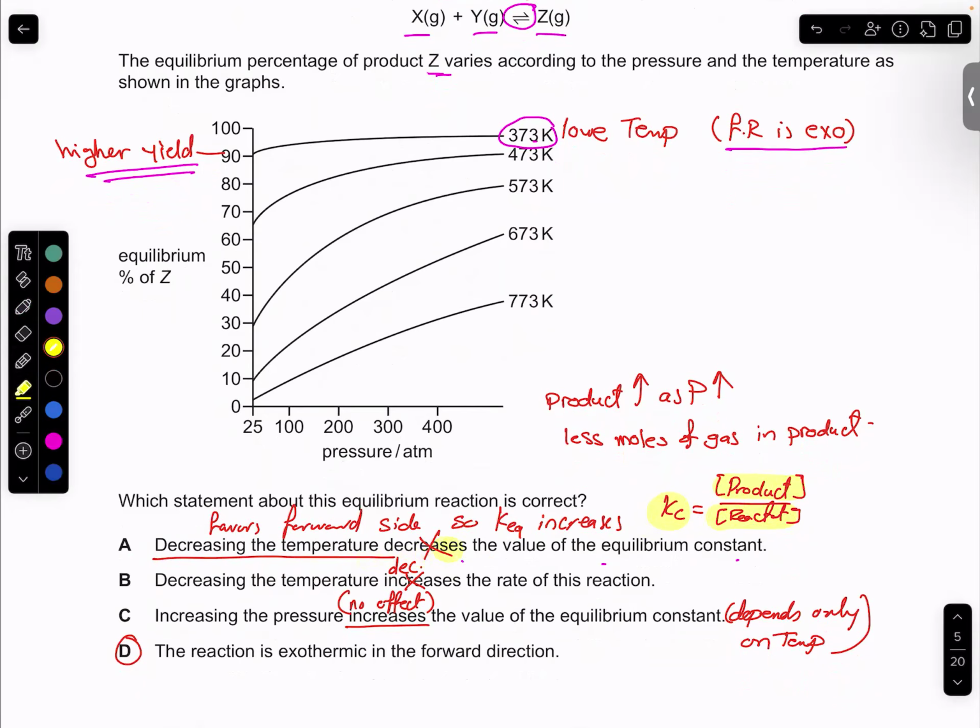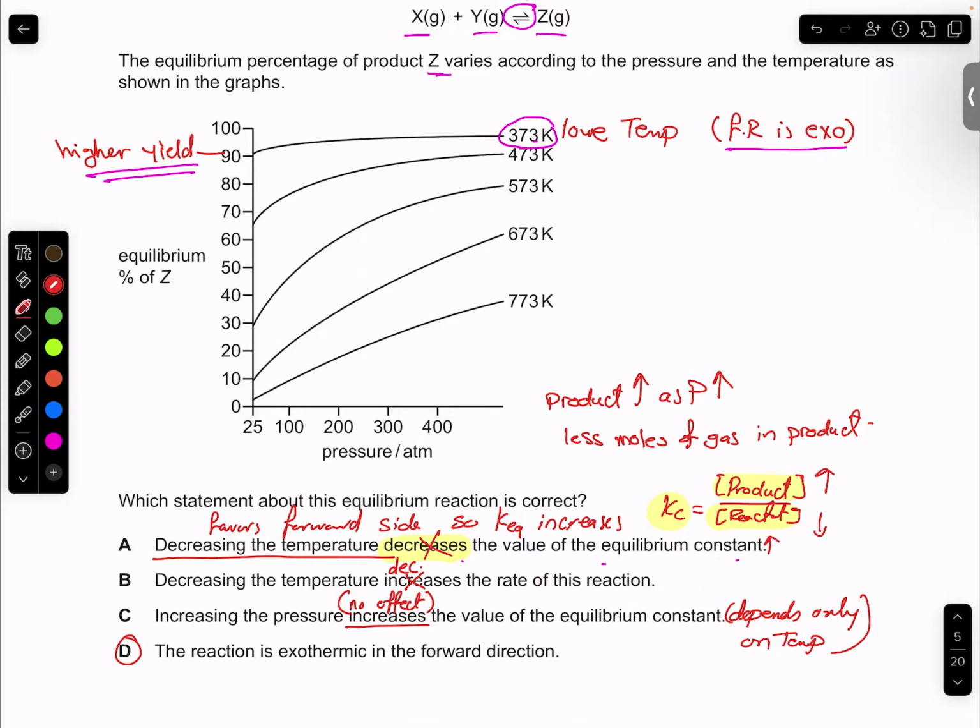So if you decrease the temperature, the product will increase and the reactant will decrease. So the value of the equilibrium constant will increase, not decrease.